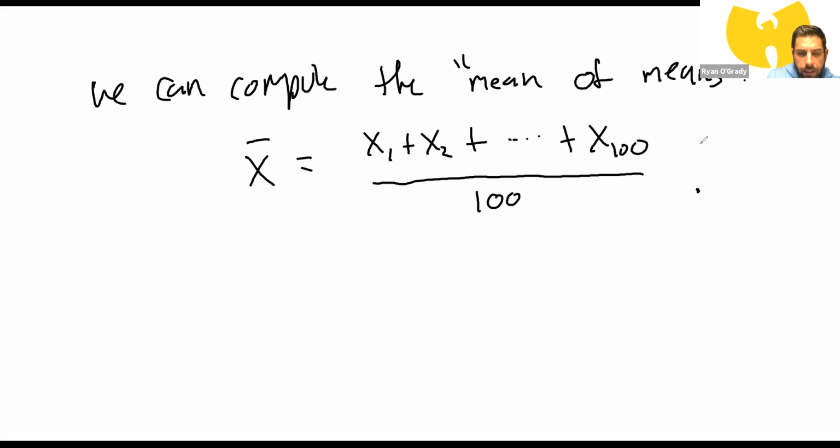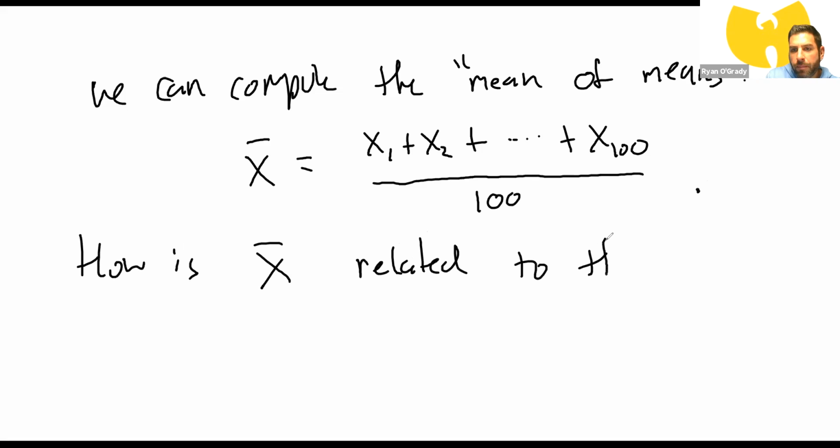So the question we might ask is, how is X bar related to the population mean, which, if you remember, we've always called mu?